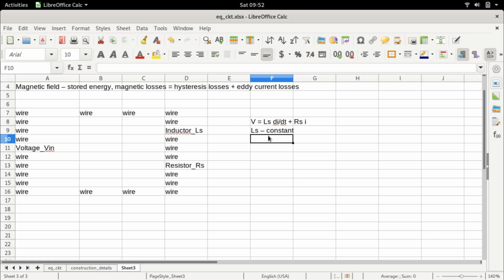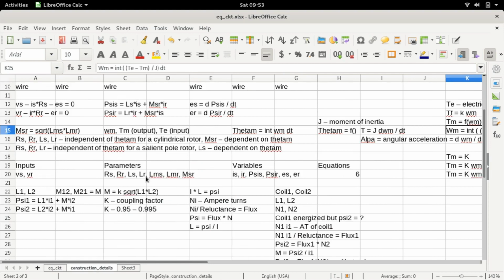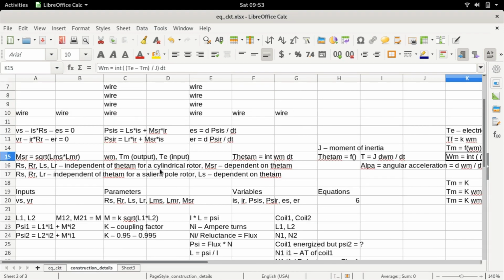Now for an induction motor, we have already seen before that inductance need not be a constant, right? We've already seen this in some of our previous schematics. We've seen that in many types, like for example, when you come all the way here, there are some which are not constant, but rather dependent on the angle.